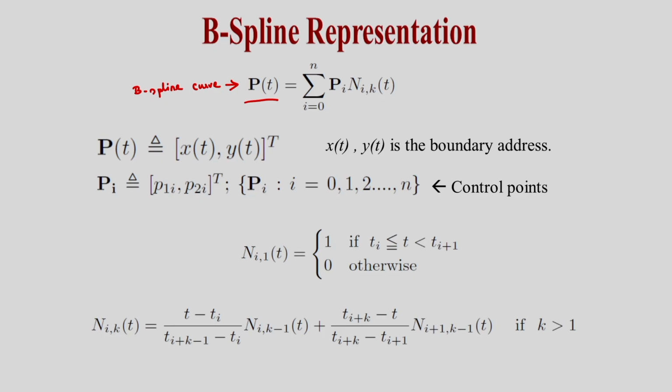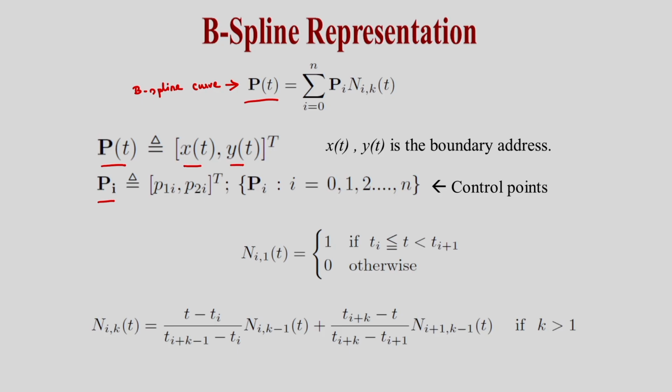In this case, the boundary is nothing but the x coordinate and the y coordinate, so x(t) and y(t). It is represented by P(t), that is the boundary address, and I also have the control points. So what are the control points? The control points are P_i, like P_1i, P_2i.